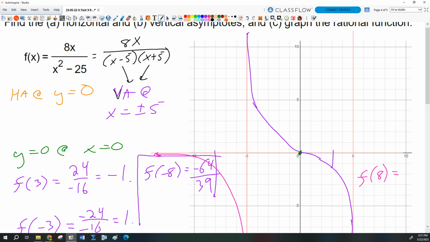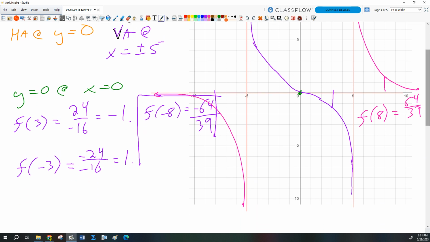Positive over positive. So I'm getting a positive outcome at 8. So then we know it's doing this. And there's my final graph. Okay, we good with that?